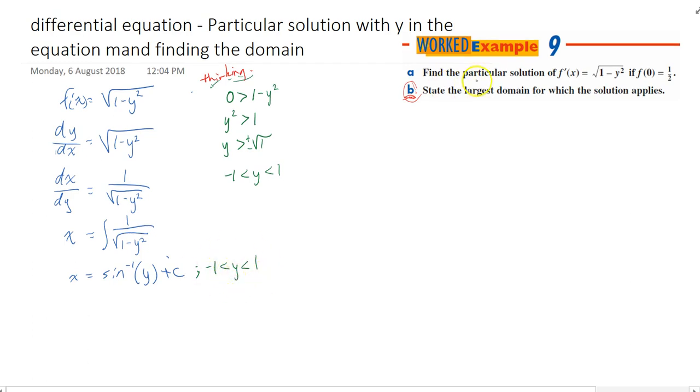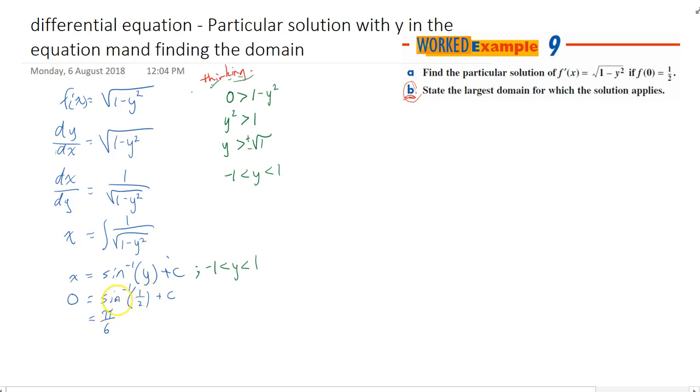Now, it says find the particular solution if f(0) equals 1/2. Now, I can probably sub that in now and find out what C is. When x equals 0, inverse sine y is equal to 1/2 plus C. All right, so you should know that inverse sine of 1/2 is pi on 6.